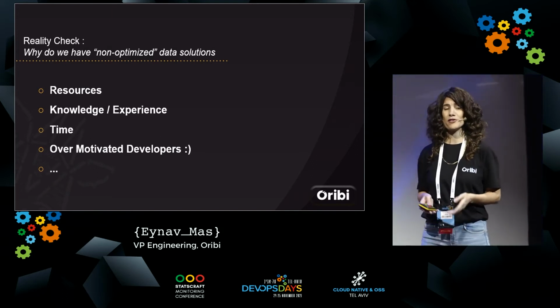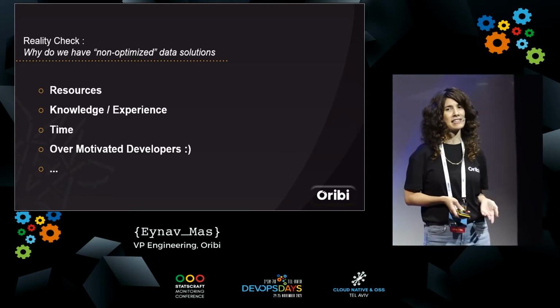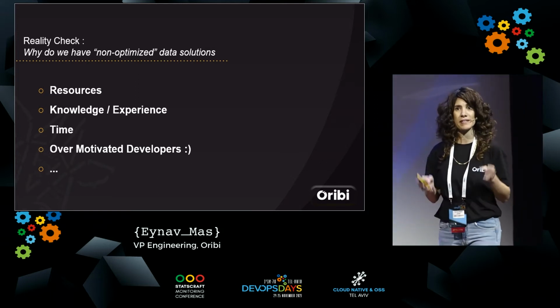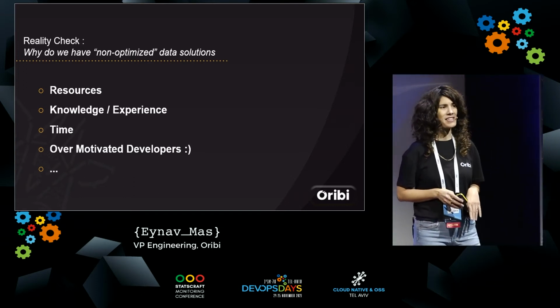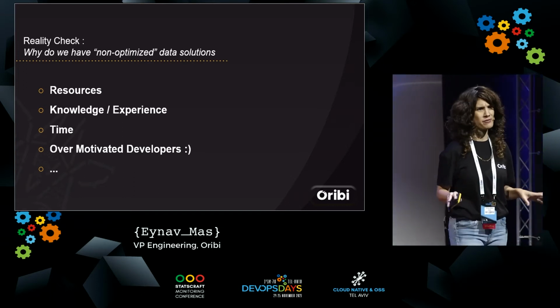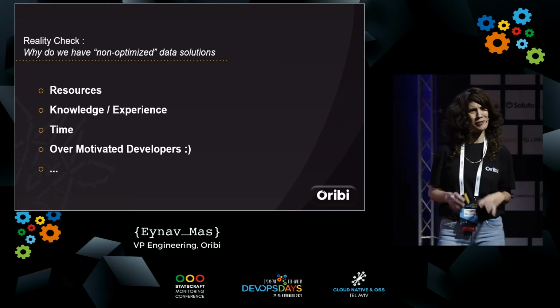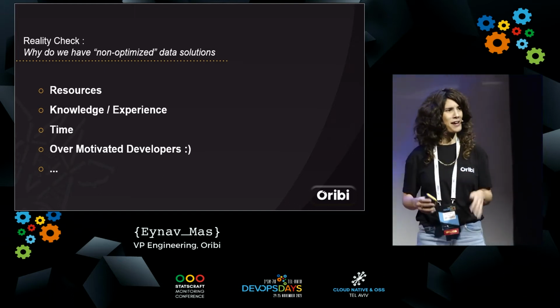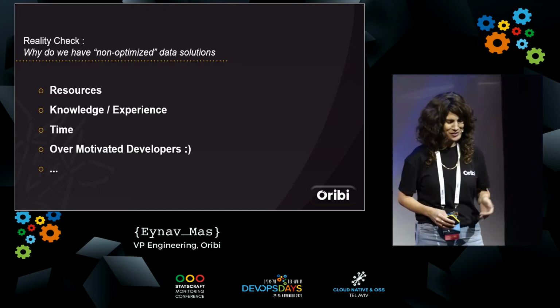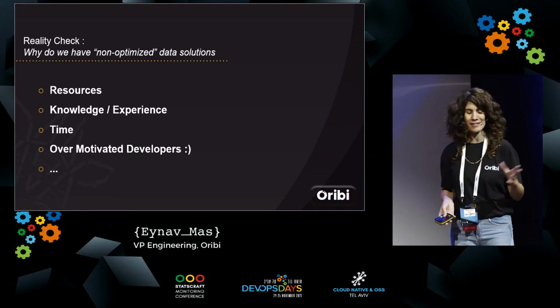Knowledge. Sometimes we don't really know what exactly is needed in our system at the point when we really need to think of this data solution. Time, we never have time, right? Like as developers, all the time, everything. People make us to do stuff fast and faster, so never, the time is never enough.